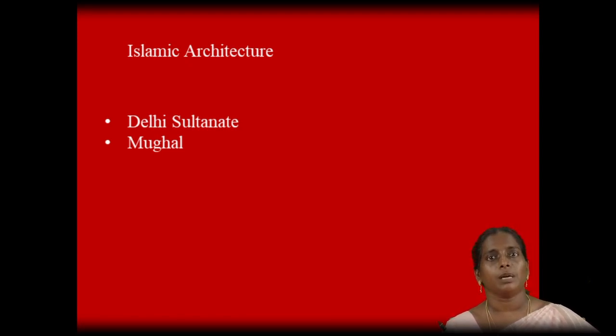That construction was completed by Iltutmish, and it is called the Qutb Minar. Then Mughal architecture is called the golden age of Islamic architecture. Shah Jahan is the prince of Mughal architecture.